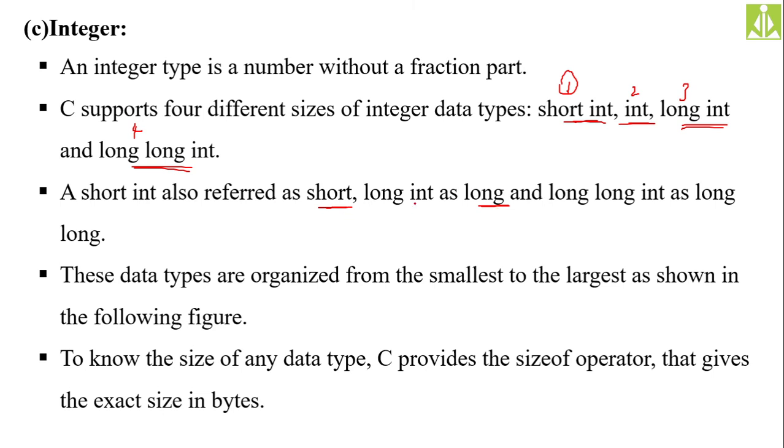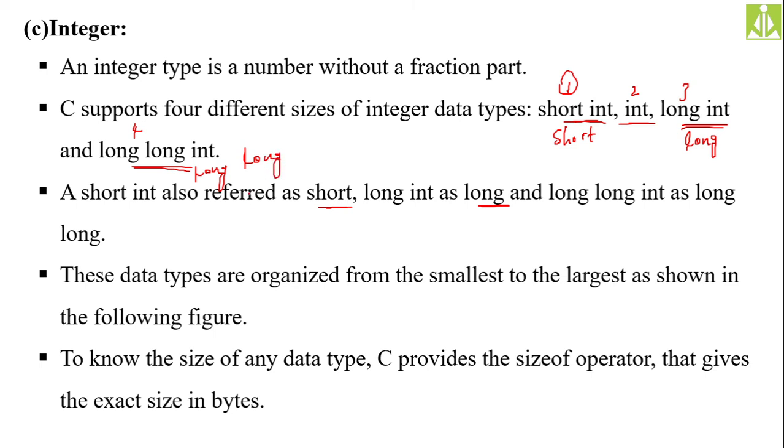We can omit the term int after the type. When you say short int, you can call it only short. When you have int, you call it int only. When you have long int, you can refer to it as only long, and long long int as long long.